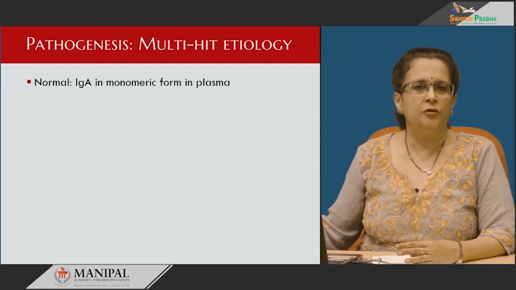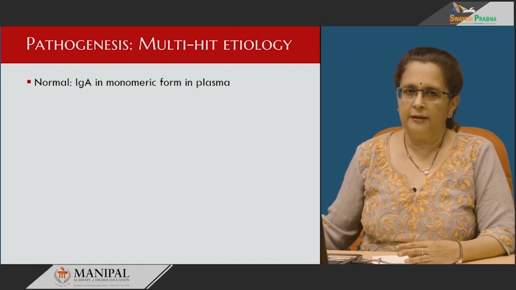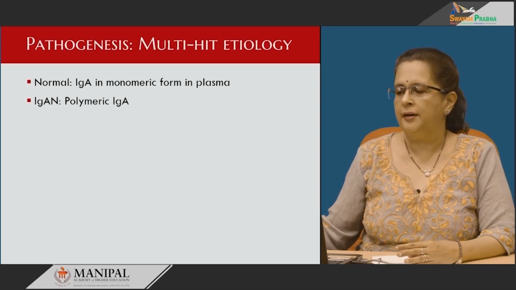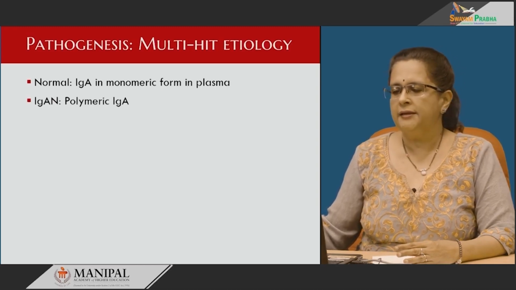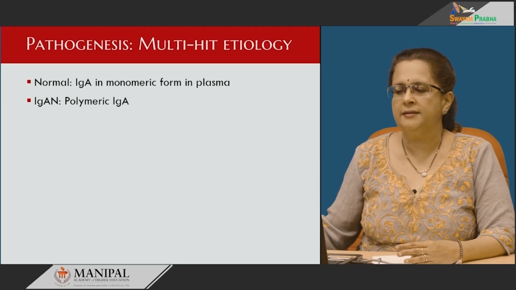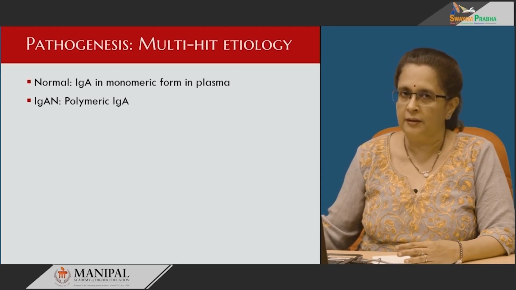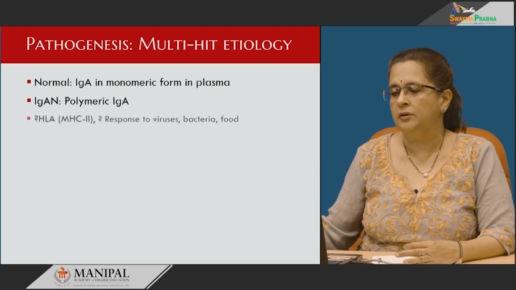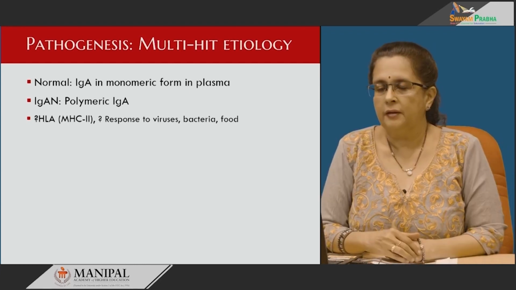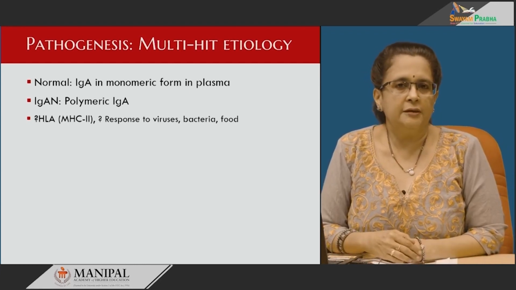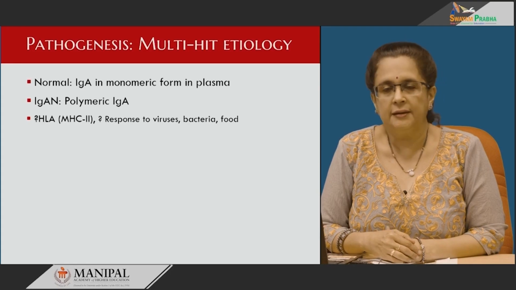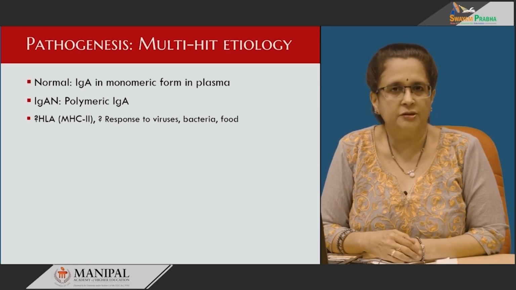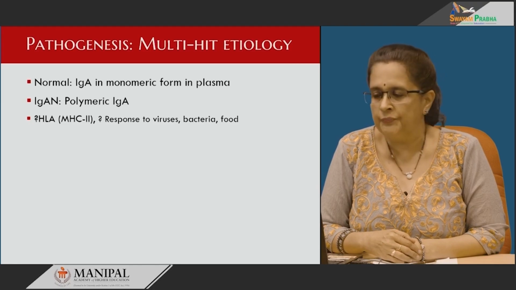Normally, IgA is in monomeric form in plasma, and the polymeric forms are catabolized by the liver. Now, in IgA nephropathy, polymeric IgA is seen in the plasma, but this alone does not account for the disease. So, what exactly happens? Familial susceptibility to this disease is HLA linked and may be associated with certain loci on MHC2.